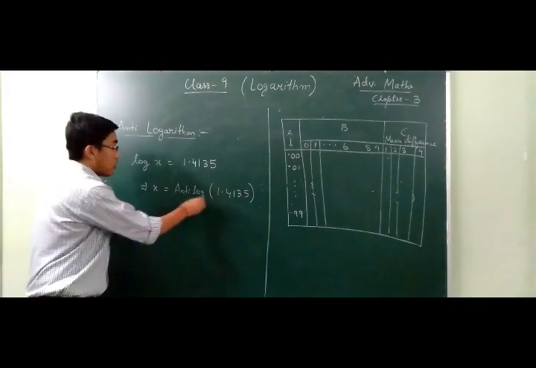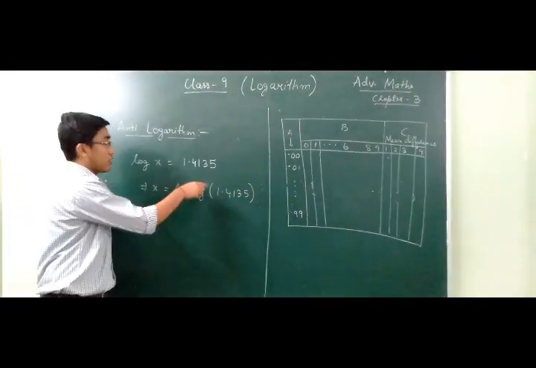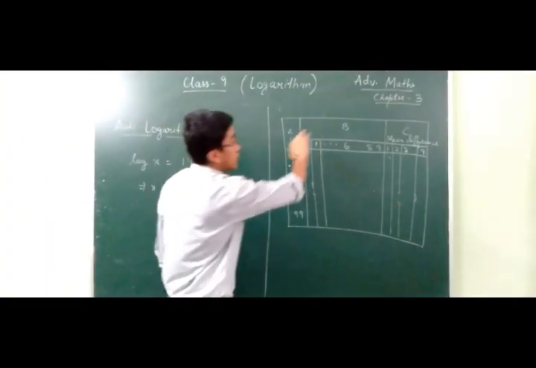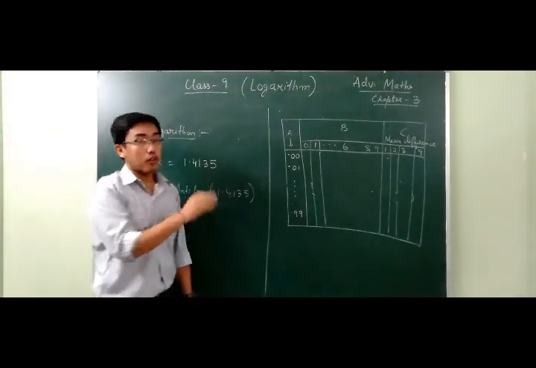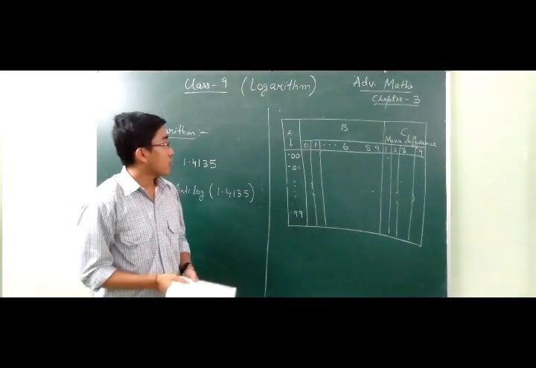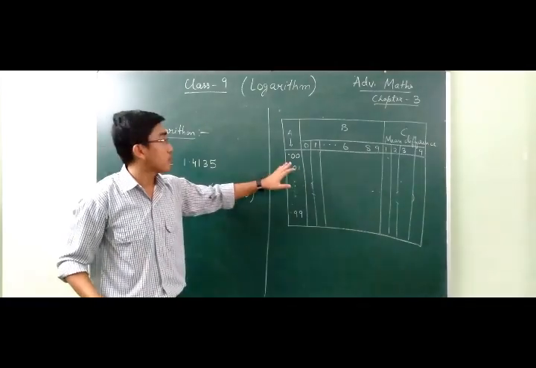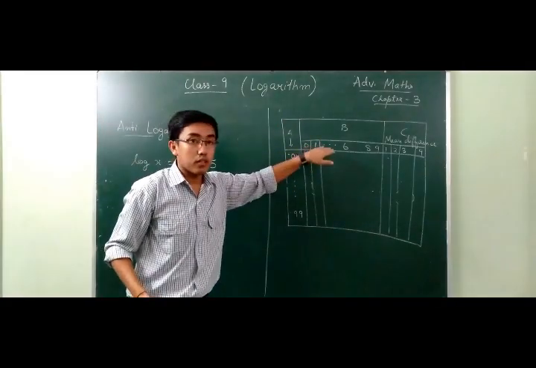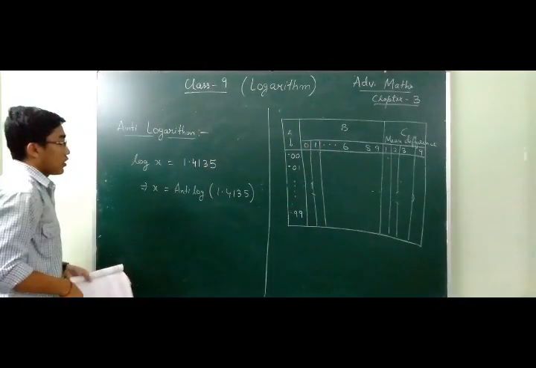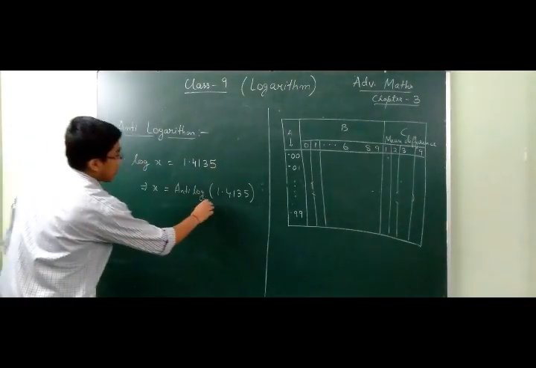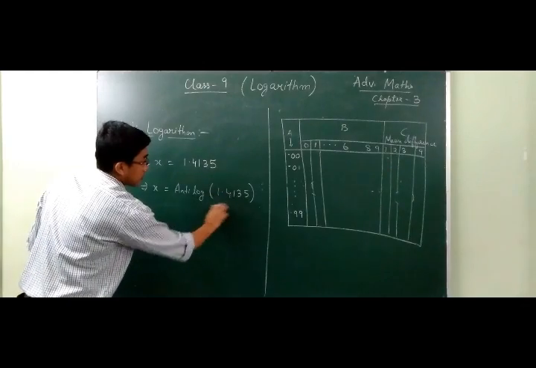Now to find the antilog of this one, we will use another table. The previous one was the log table, where we had 10, 11, 12. Here we have 0.00, 0.01, you see. So this is the antilog table.